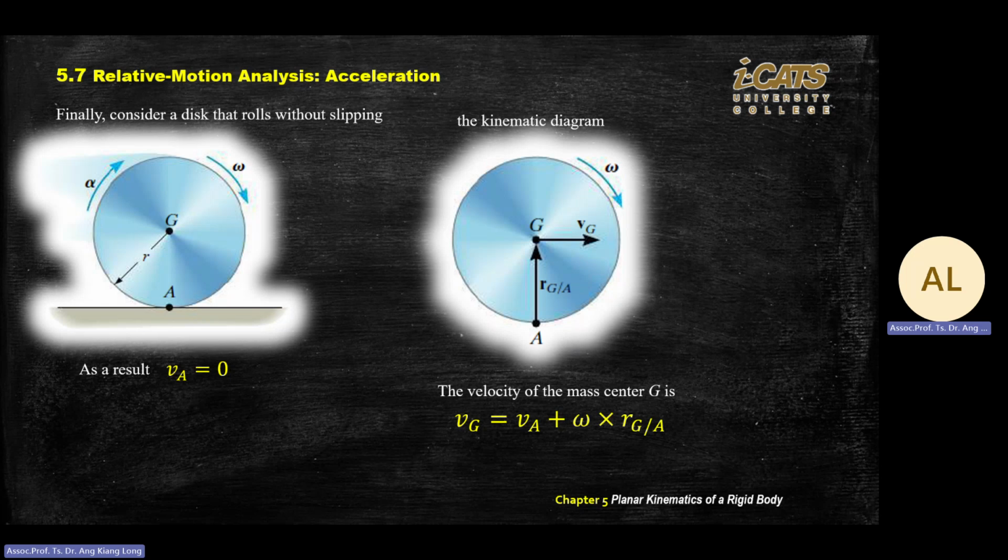Vg equals translation va, point A, translation plus omega r. So this is something new. It's a bit different from the previous section. This one is under the effect of center of mass, when you see G in the diagram.